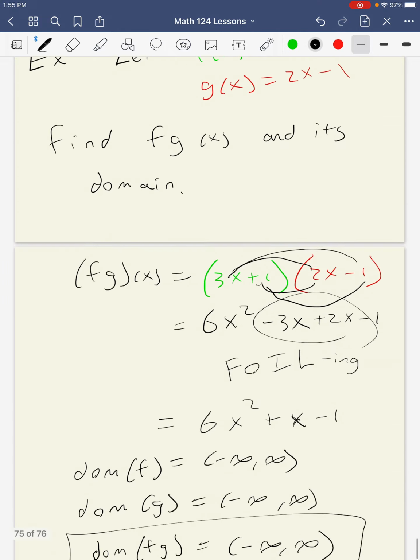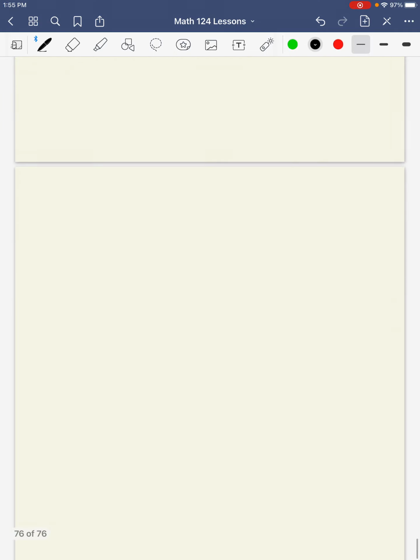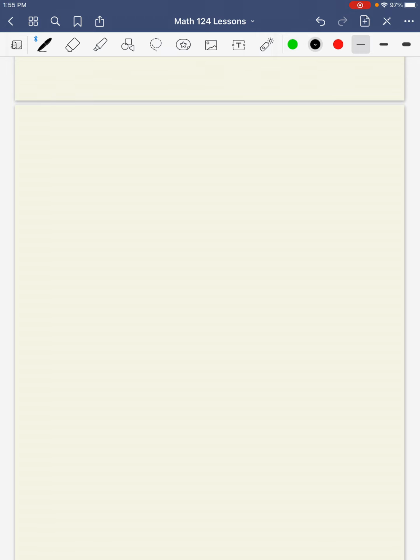Now that we know how to add, subtract, and multiply functions, let's look at an example when we plug numbers into the sum, difference, or product of functions. So let f of x equal square root x, g of x equal, I don't know, 3.